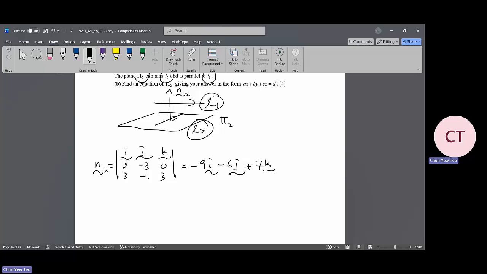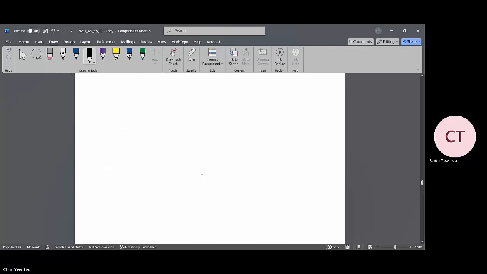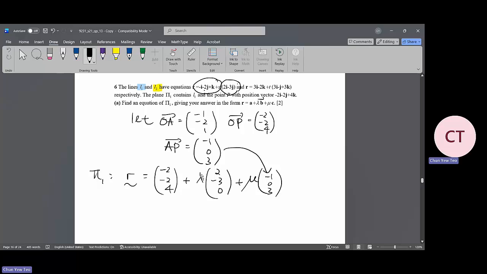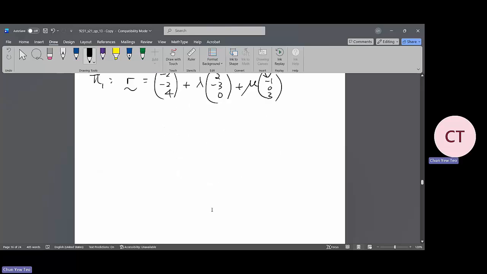So your Cartesian equation for the plane pi 2 will be r dot with the normal vector equals a position vector. For this position vector, I will choose a point that is on L2. For L2, the point is 3, 0, -2.